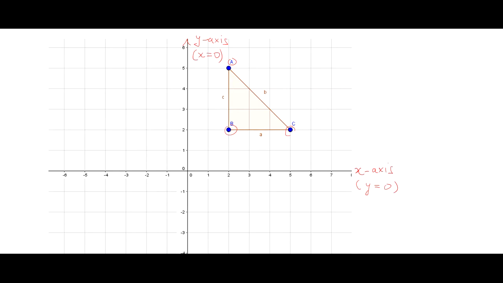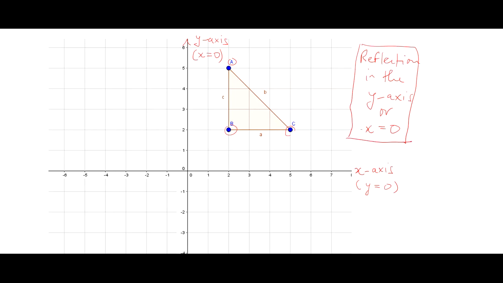So therefore we're going to perform a reflection in the y-axis or the line x equal to 0. Now this is what we use to describe a reflection. You have to give the mirror line.